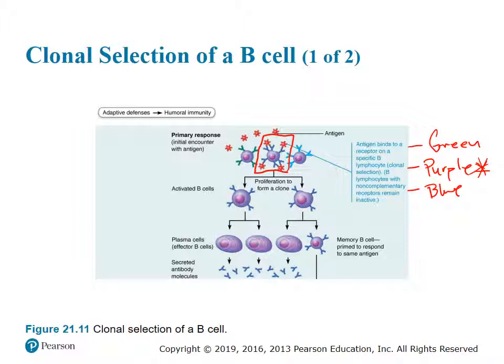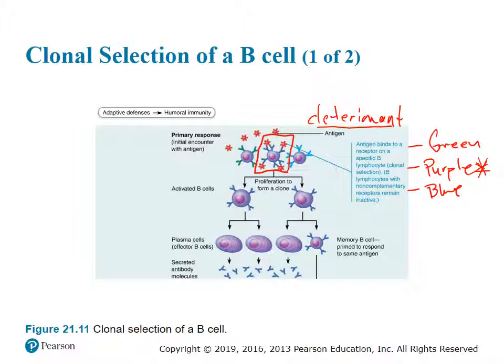Well, it's all about the antigen's receptor. The antigenic, what do we call that? Determinant. The antigenic determinant is that part of the antigen that that particular surface receptor of the B cell binds to.